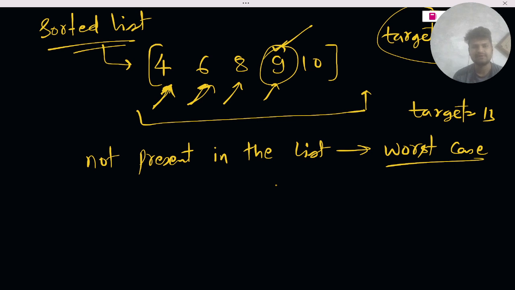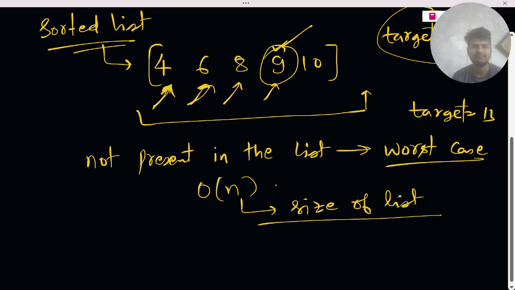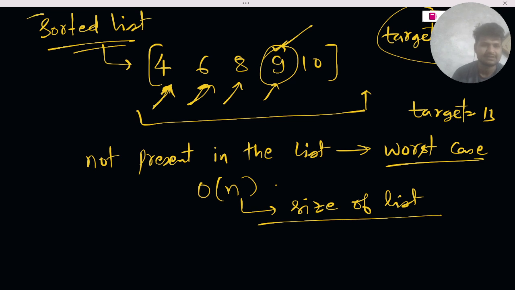So you'll be comparing big O of n, where n is the size of the list. This is the time complexity, which is very huge, and we have to reduce it. Remember one thing, we are also given that this list is sorted and we are not utilizing this fact. We were given a sorted list, so where are we utilizing it?